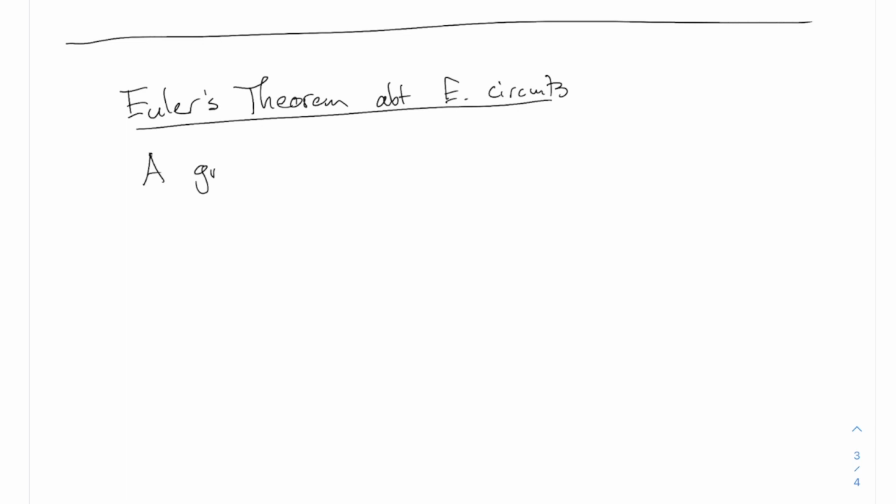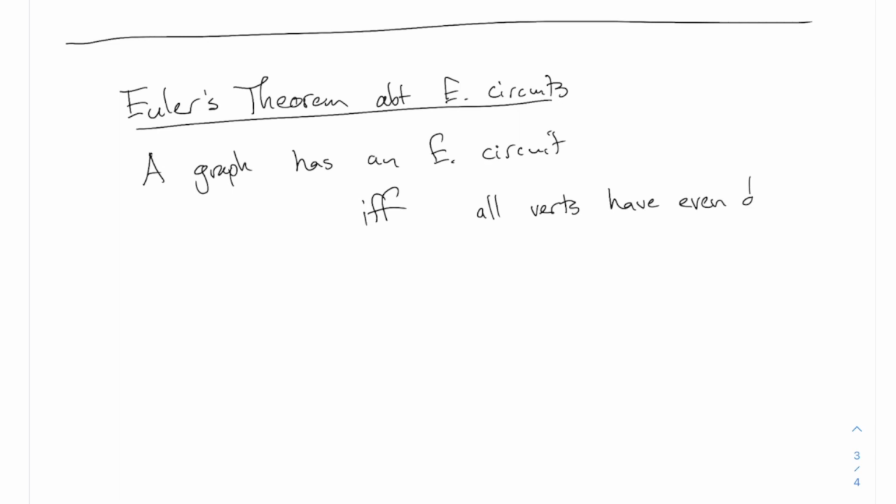A graph has an Euler circuit if and only if what I'm about to write, which is very easy to check if you're looking at an example graph: all vertices have even degree. It has to do with the degrees, and that is a very simple thing to check.